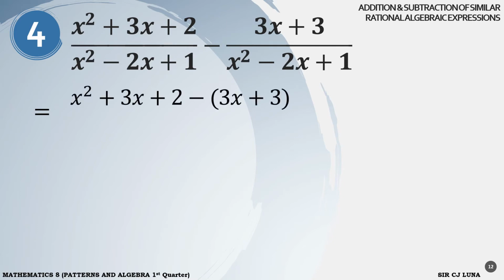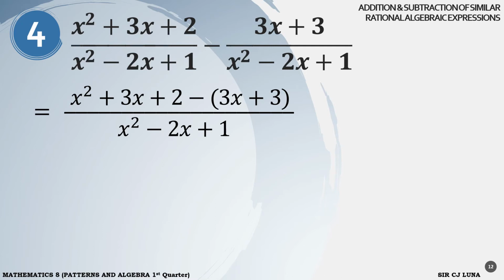We have x squared plus 3x plus 2 minus the quantity 3x plus 3. Again, our subtrahend is a binomial, so you have to put parentheses on it. And then write the common denominator, which is x squared minus 2x plus 1.